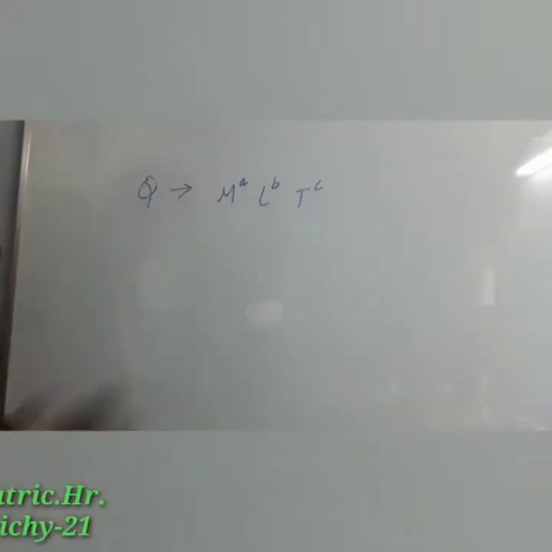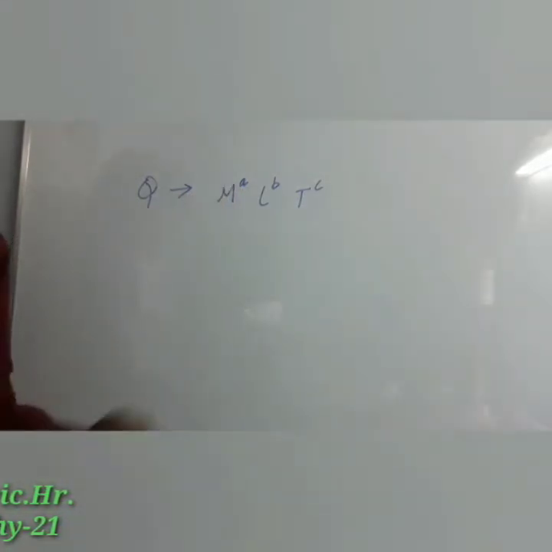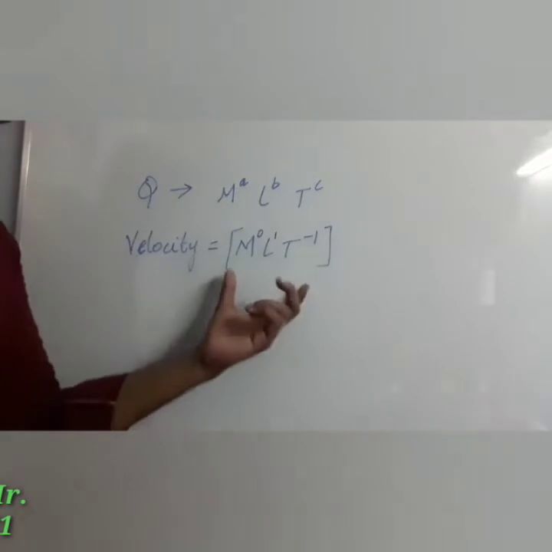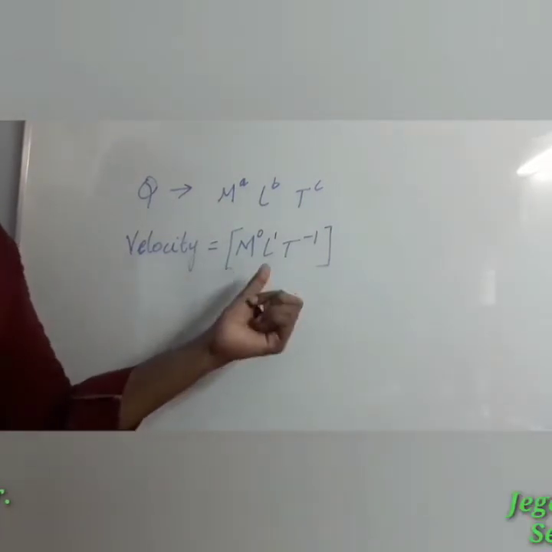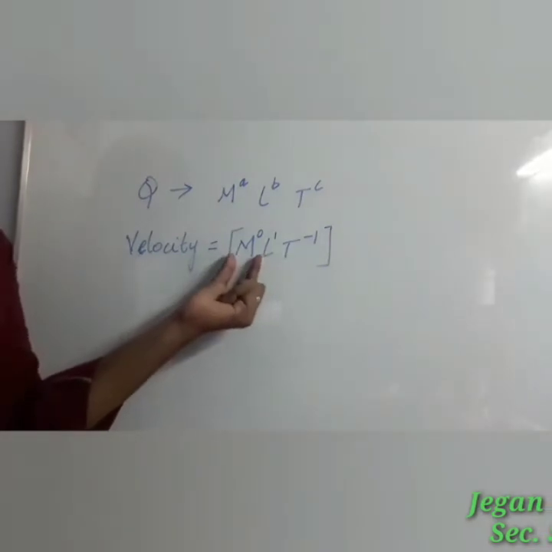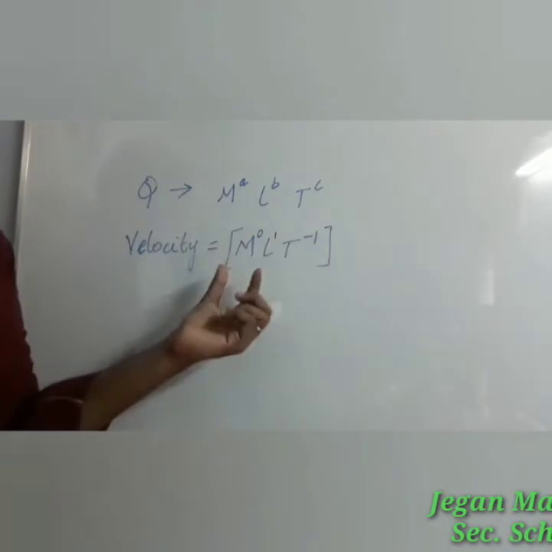Consider a physical quantity which has the dimension a in mass, b in length and c in time. For example, let us take the physical quantity velocity. What is the dimension for velocity? L T power minus 1. What is the dimension of mass? 0. There is no dimension for mass in velocity.